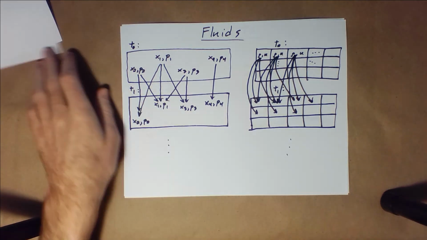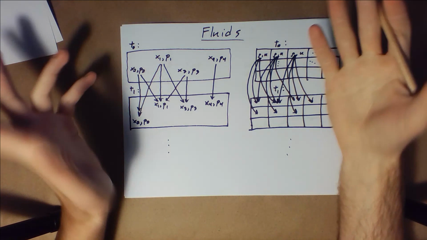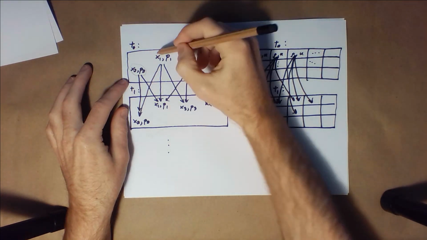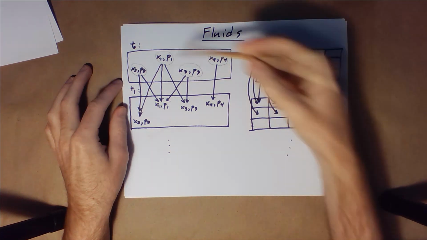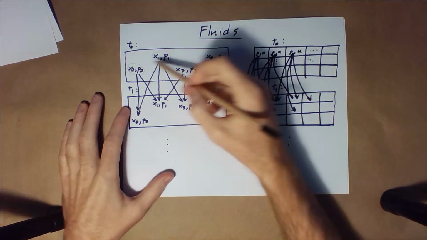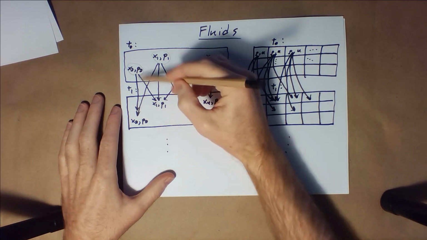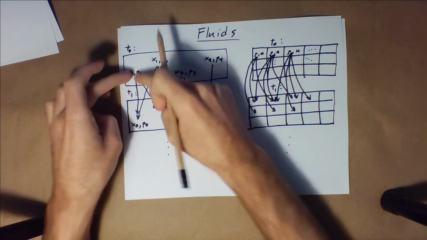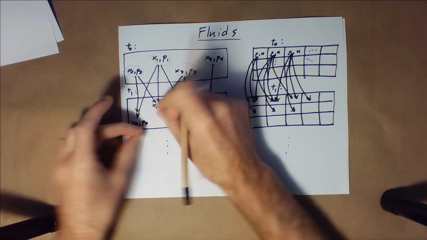Another example, a little more complicated, fluids. So at the classical concrete level, we have a bunch of particles. They each have some position and some momentum at each time, and they're going to have interactions which are reasonably localized. So for instance, particle 1 and particle 2 are nearby, so they're going to be exerting forces on each other, and that's going to determine where they move to in the next time step, both in terms of position and momentum.